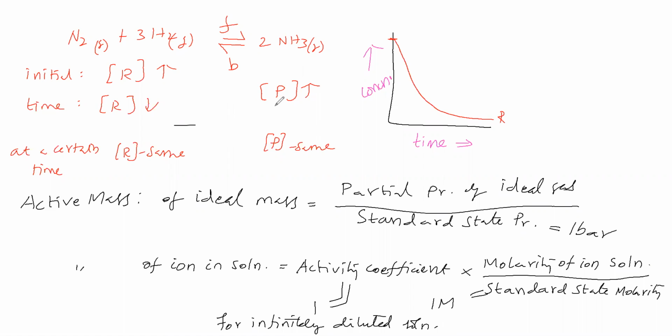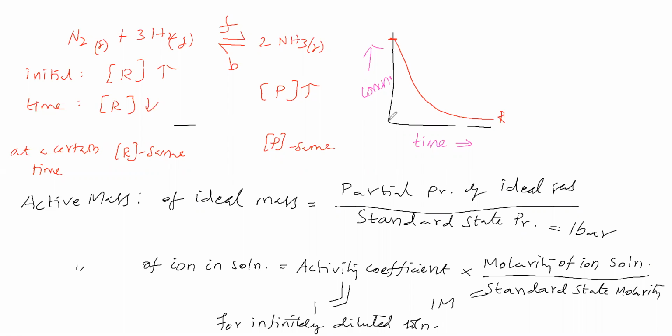It goes on increasing. At a certain time onwards, that time is the same for reactant and product. From the time at which reactant concentrations remain the same, product concentration also remains the same, but the concentration of reactant and product need not be the same.